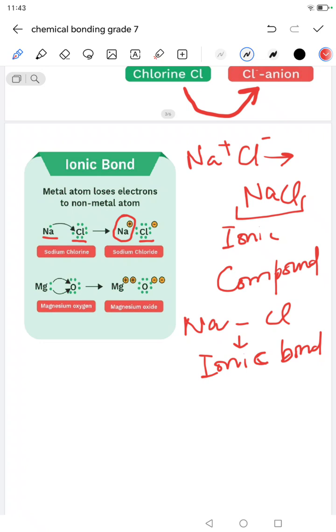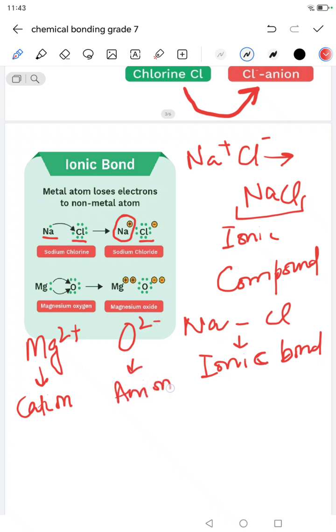The same is applicable for magnesium oxide. Magnesium belongs to group 2 and oxygen belongs to group 6. Magnesium has the tendency to give 2 electrons to form the Mg2+ cation. In the same way, oxygen has the ability to take these 2 electrons to form the O2- anion.